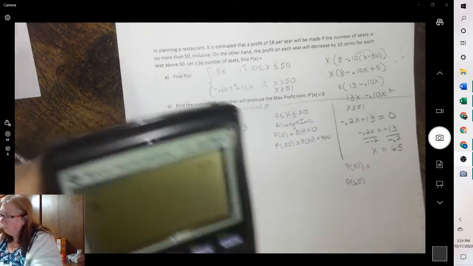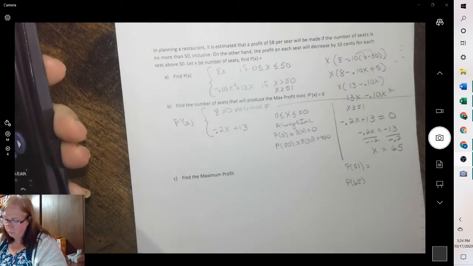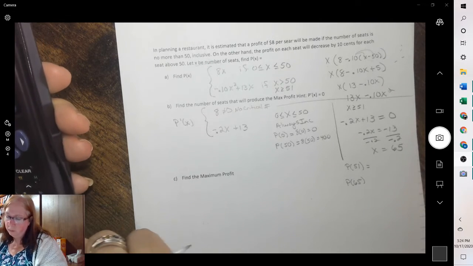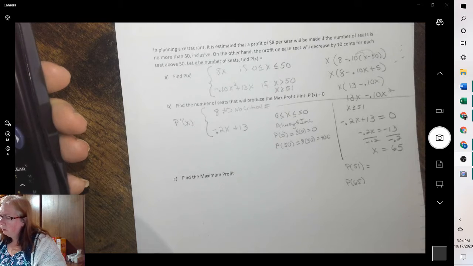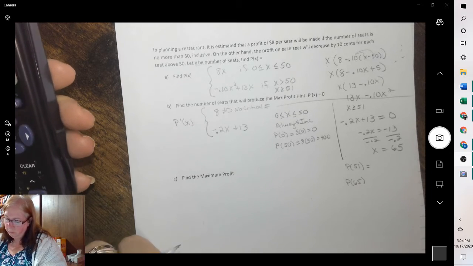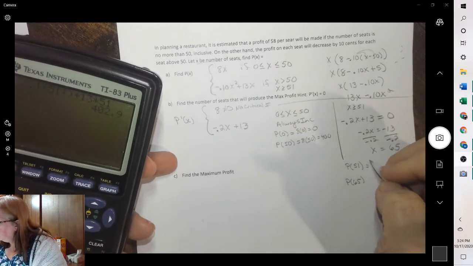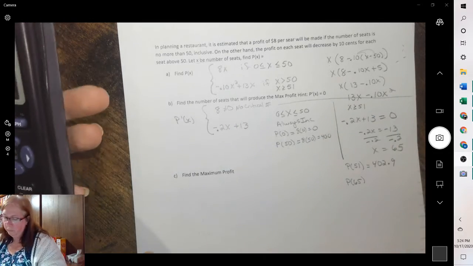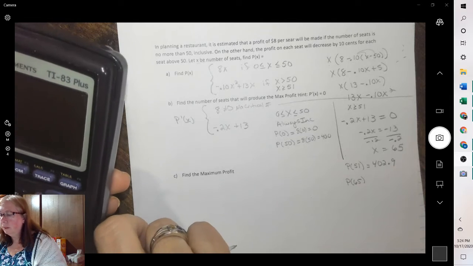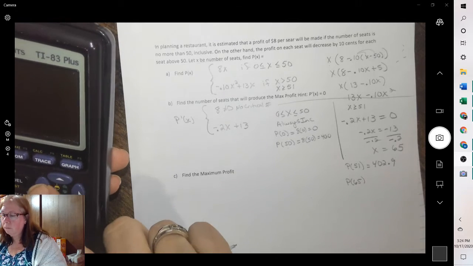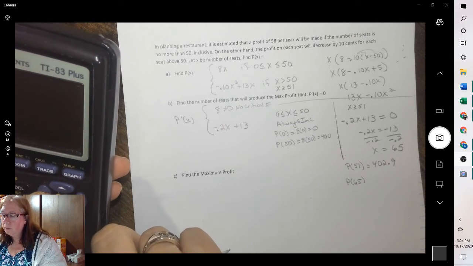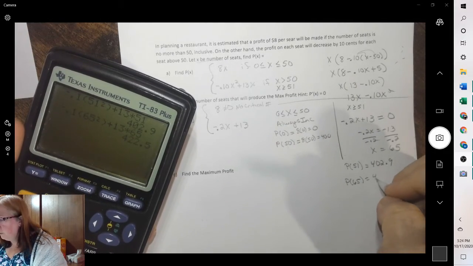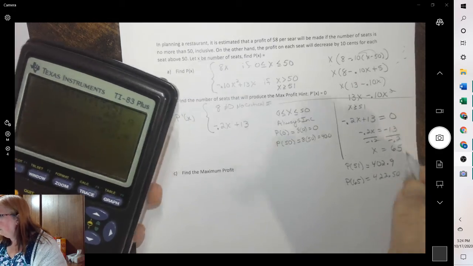Plugging it in, negative 0.1 times 51 squared plus 13 times 51 gives us 402.90. Plugging in the 65 gives us 422.50.